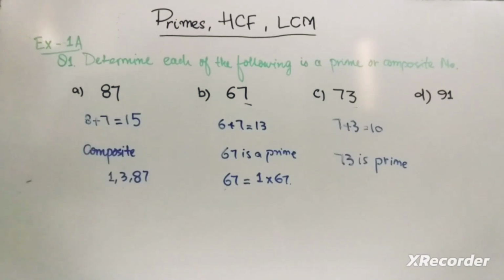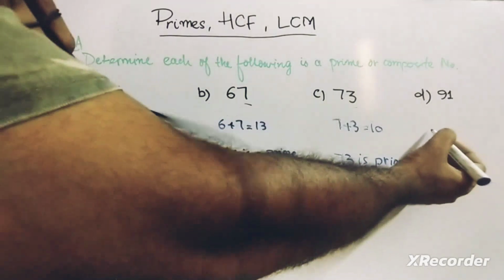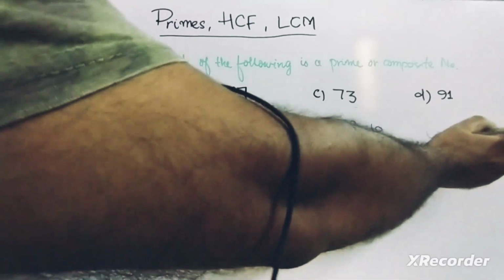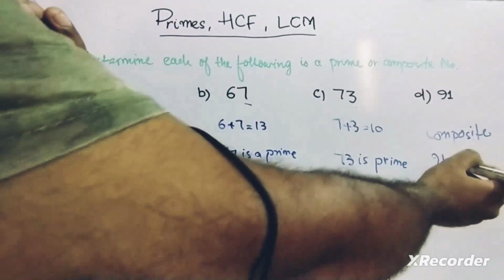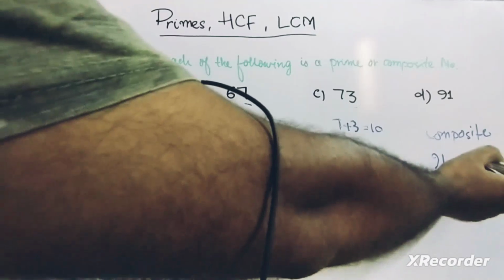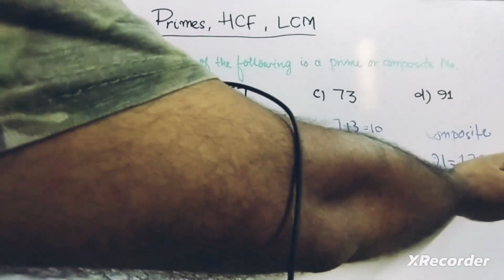But when we divide this number by 7, it gives a whole number answer, so it means it is divisible by 7. That's why it is a composite number, because 91 has factors more than 2: 1, 7, 91.